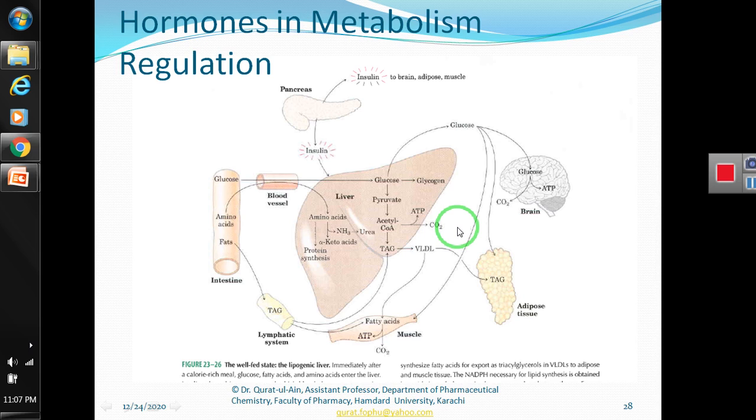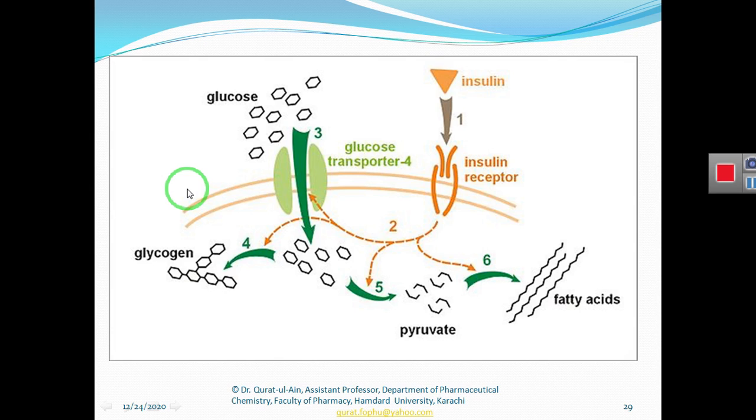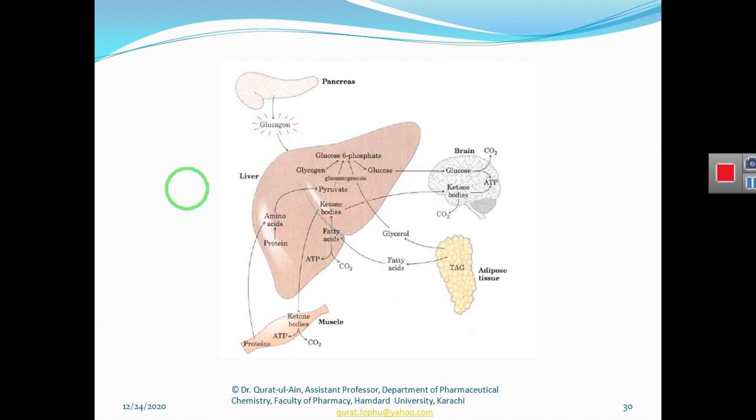These are insulin and glucagon, which regulate various metabolic processes, for example glucose breakdown, gluconeogenesis, and glycolysis. And what are the vitamins and coenzymes that regulate metabolic processes?